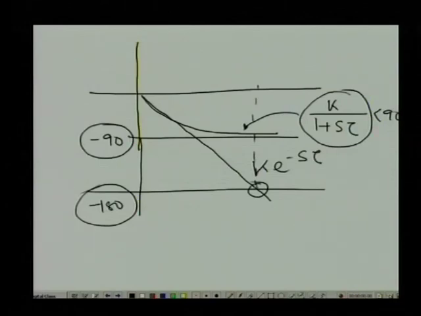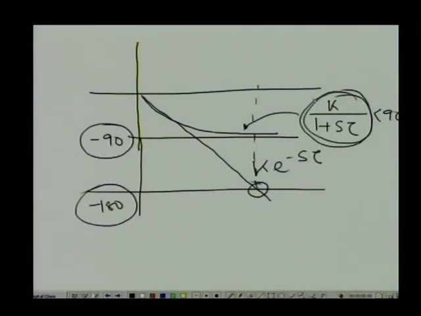So there is always this phase lag, the phase lag of the process with a delay is always going to cross 180. But the question is, what is the gain at that point? So to ensure stability, you have to keep the gain low at that point. That is why you have a limit on the gain. While in this case you do not have any limit on the gain.